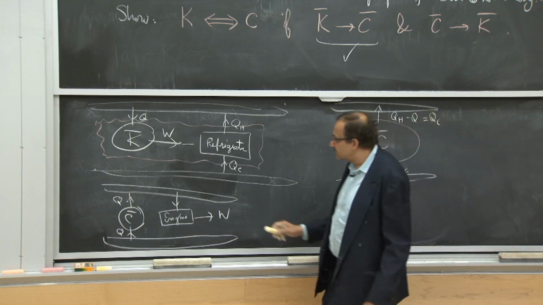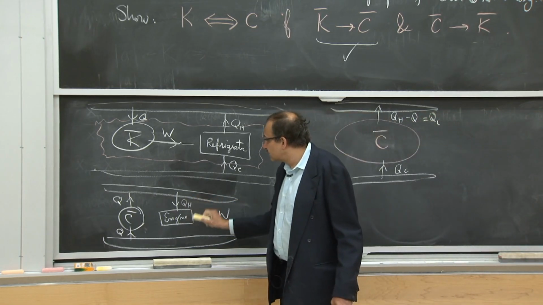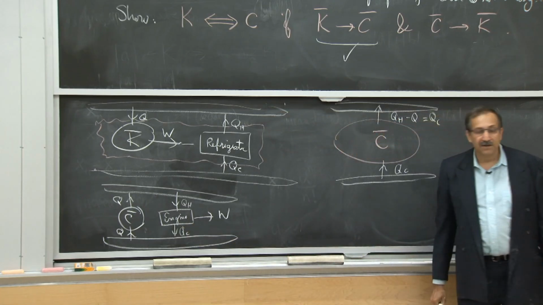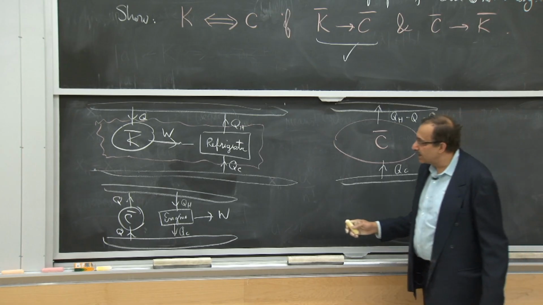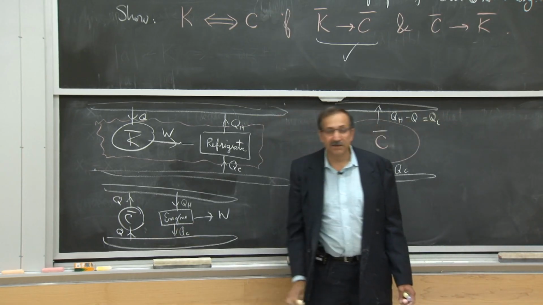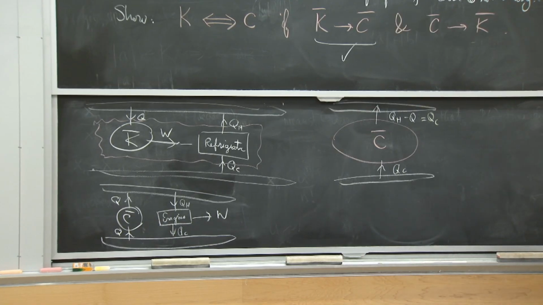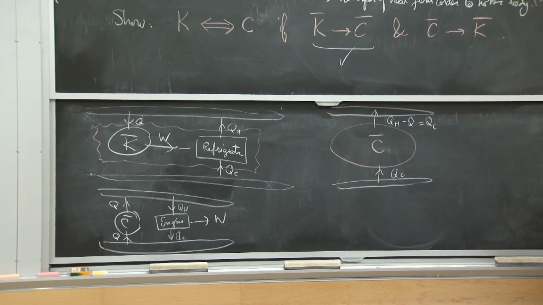And then this has to take an amount of heat QH, deposit an amount of heat QC, which we will select to be essentially the temperature of the room from which the anti-Clausius machine is operating.